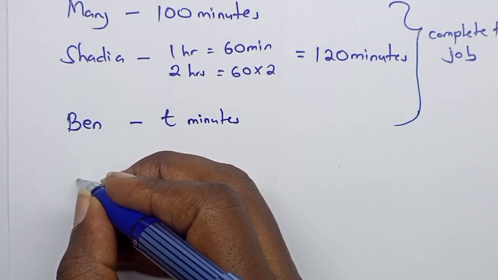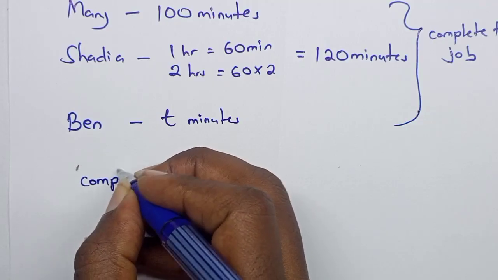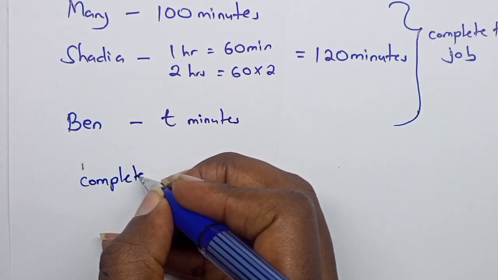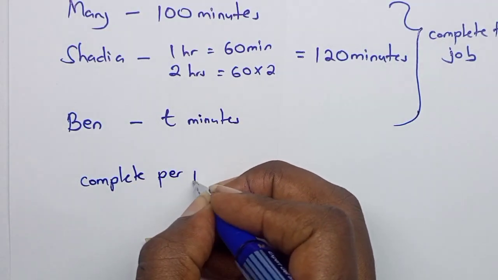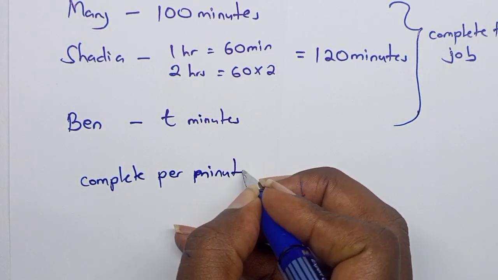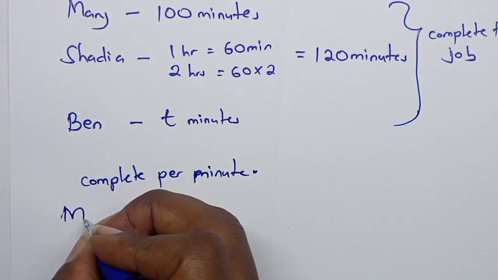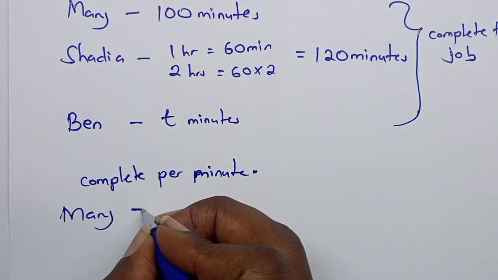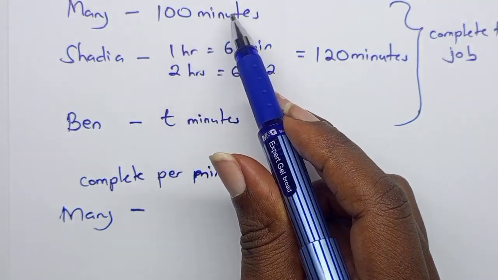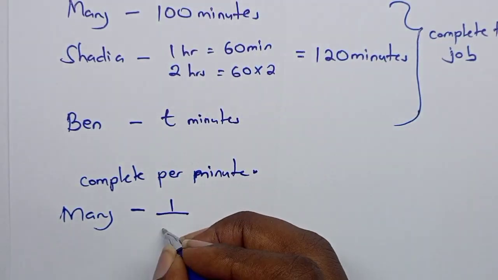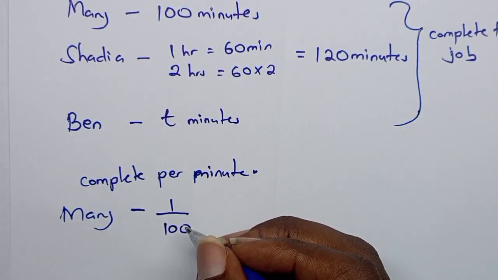So you can complete per minute. For Mary, her rate per minute will be, since it's 100 minutes, 1 out of 100.